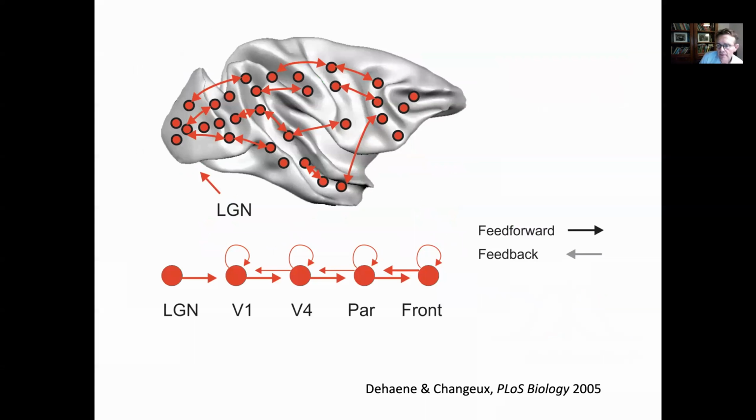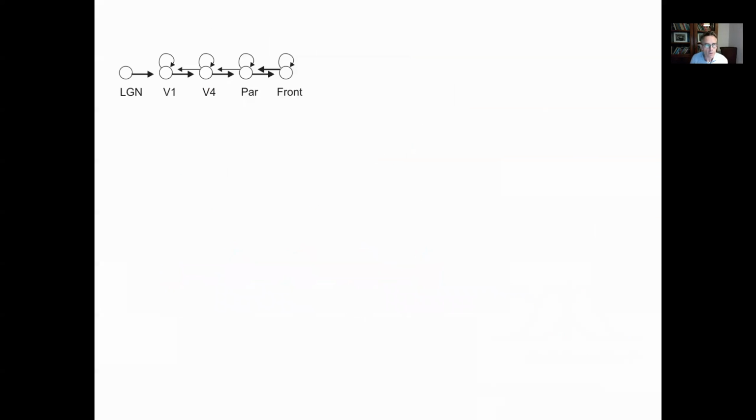Now, I presented these data to Stan Dehaene a few years ago, and he said, this is really cool, because this is precisely what I have predicted in my global neuronal workspace theory. He said, I can model this. He then made a model, and that is embarrassingly simple because it contained only 5 neurons.